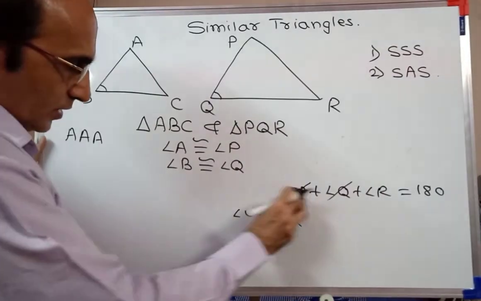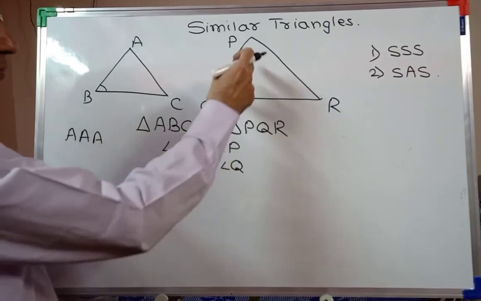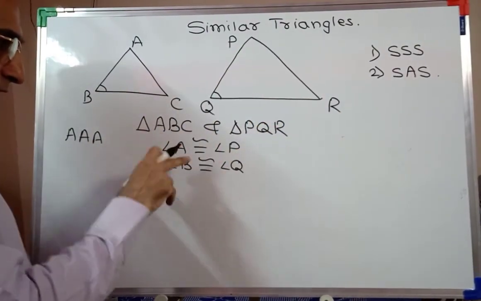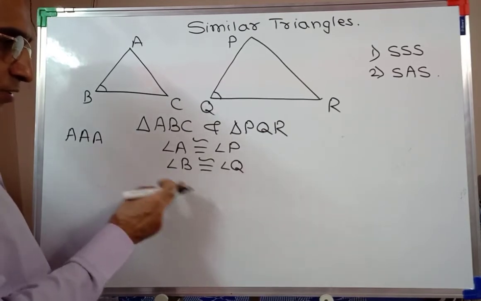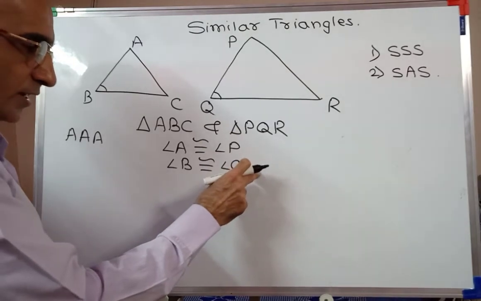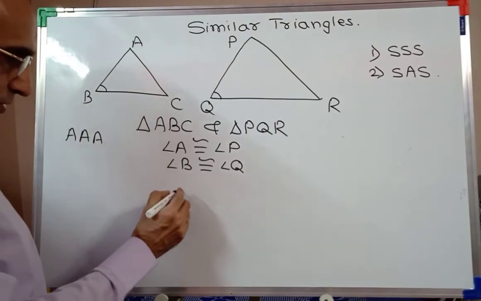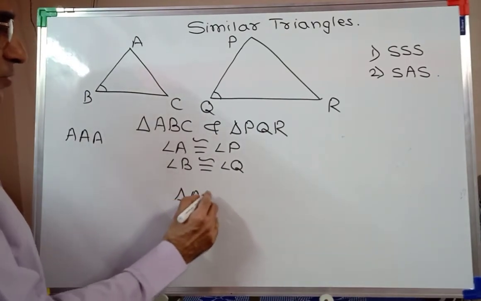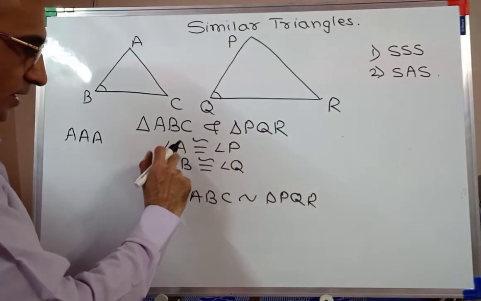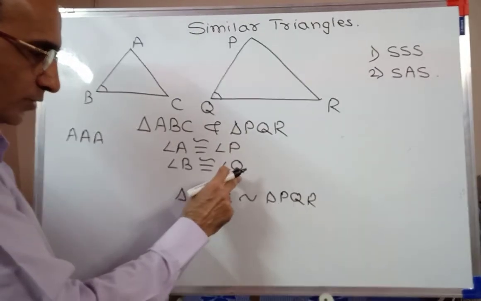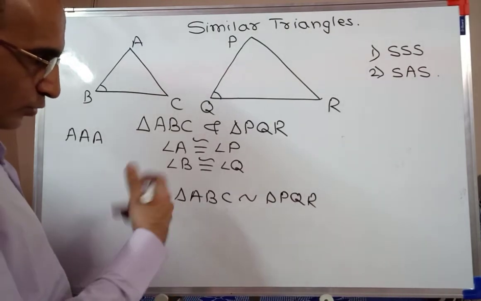So instead of showing three angles of the first triangle congruent with the corresponding three angles of the other triangle, even if we show that two angles of the first triangle are congruent with the corresponding two angles of the second triangle, the third angles are automatically congruent, and these two triangles are similar. So here we have just shown two angles congruent, angle A congruent angle P, angle B congruent angle Q. The third angle is automatically congruent, but it is not necessary to show or write it again.